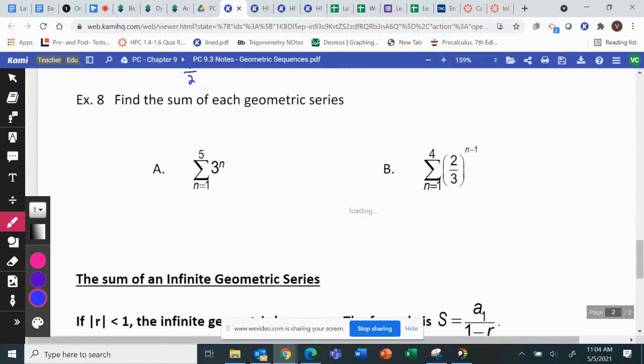All right, next, find the sum of each geometric series. So we have n equals 1 to 5, and we're finding the sum when we have a formula of 3 to the n. So I can find my first term, which is 3 to the first, which is 3. How do I find my r?